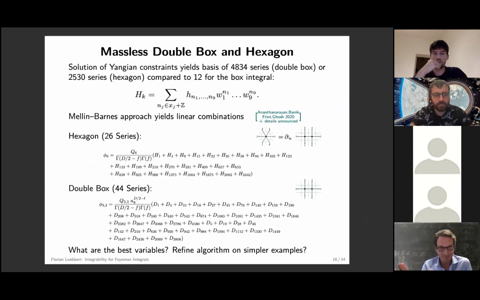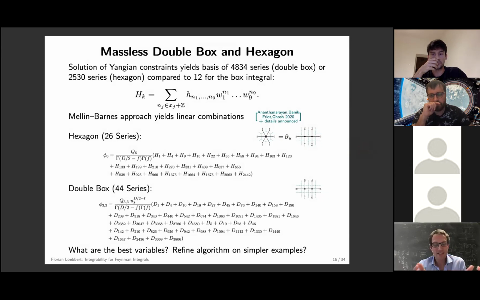So here is what I can say about this double box integral, which is naturally related to the hexagon integral. So it makes sense to discuss them at the same time. This hexagon can be obtained by taking a derivative in one of the cross ratios of this double box. That's why I put them on the same slide.